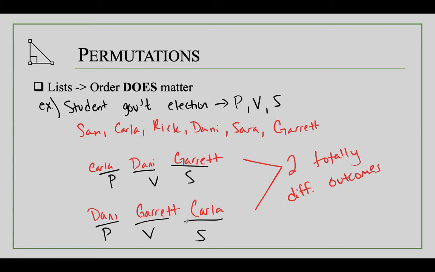Order matters here. So that's why sometimes people say, when you have a lock for your locker, they're like, what's your combination? Well, really, they should ask, what's your permutation?